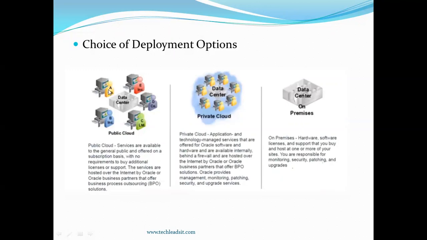For example, A wants some application changes on a specific business service. At that time, A sends a request for enhancements to the data center with the help of Oracle. Then Oracle analyzes that enhancement request.